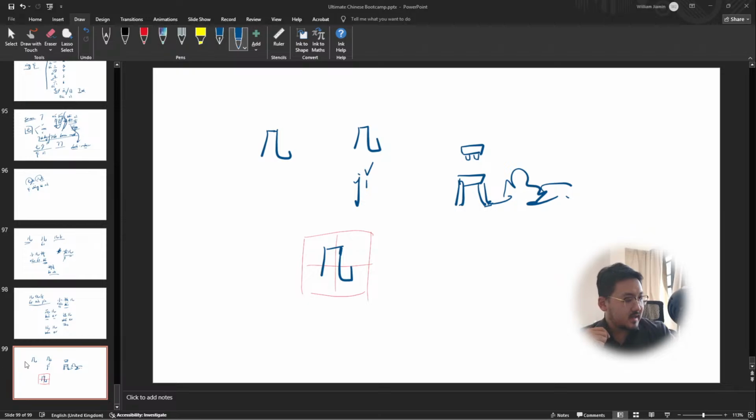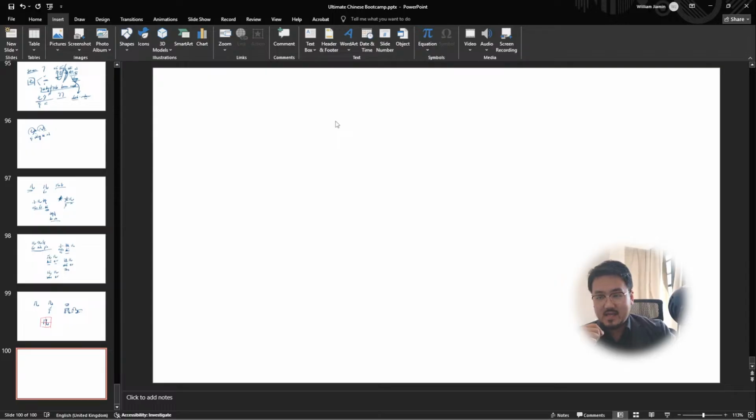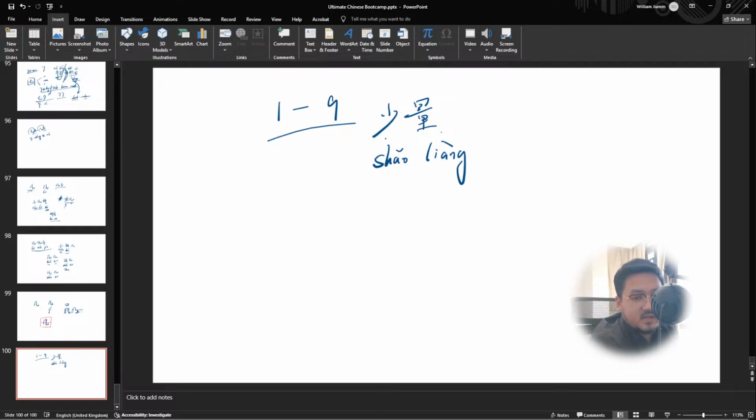As I said, this is first and widely used as the 疑问. You're asking a question, 几个呀, right? And normally for small numbers, so 1 all the way to 9, that's 少量数字. 少量 means 少 is small, 量 is the degree, the whole amount.